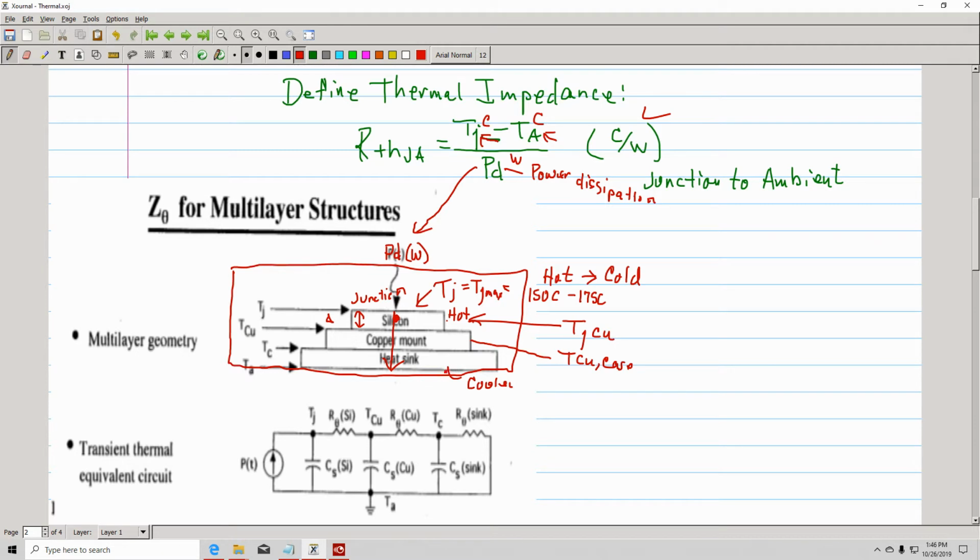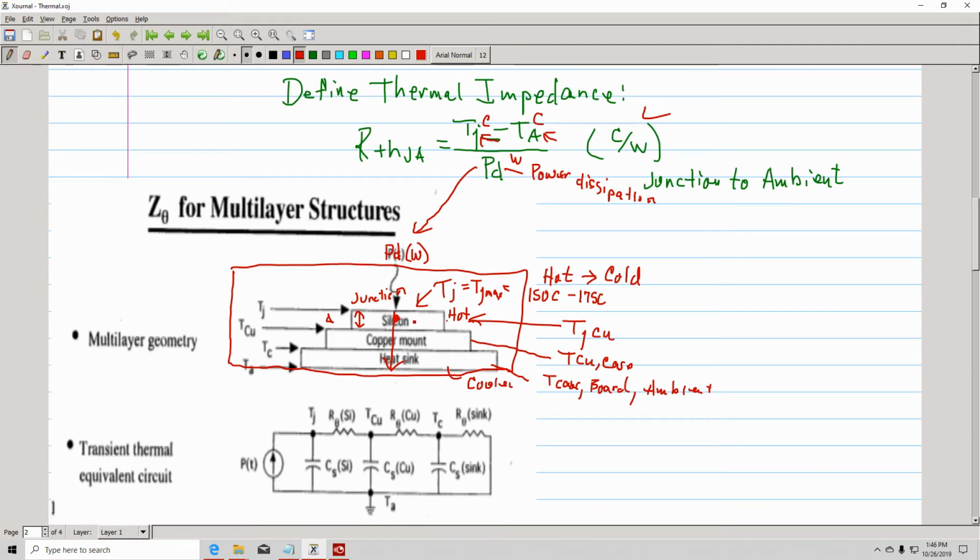And then from the case, typically it goes either to the board or to ambient. So at every stage you have a delta.